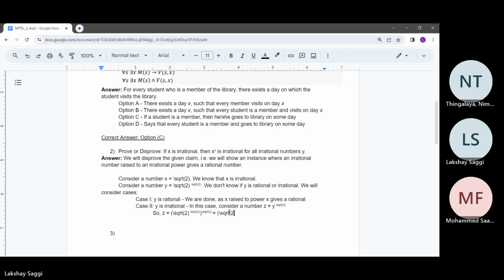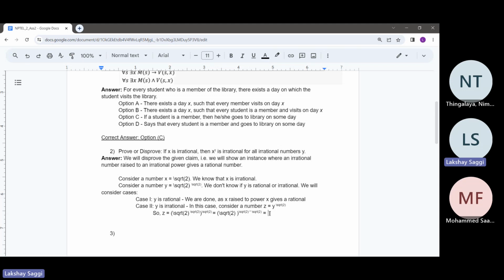So what this actually becomes is root 2 raised to the power root 2 times root 2. So this root 2 and this root 2 will get multiplied, and root 2 into root 2 is actually equal to 2 itself, right?